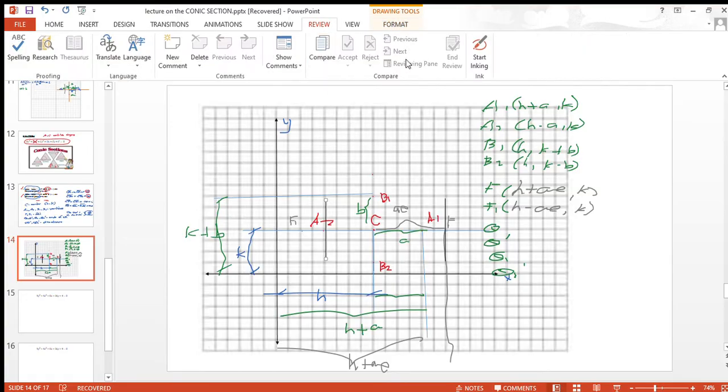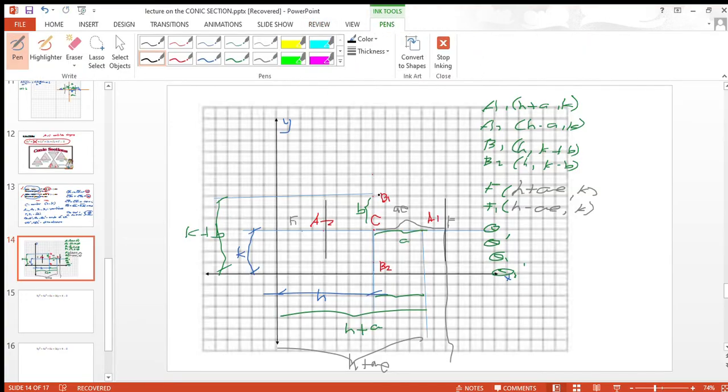So we can now label the endpoints there with Q, Q prime, Q1, Q1 prime.